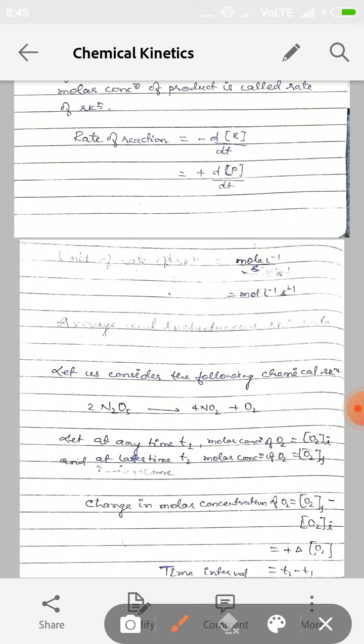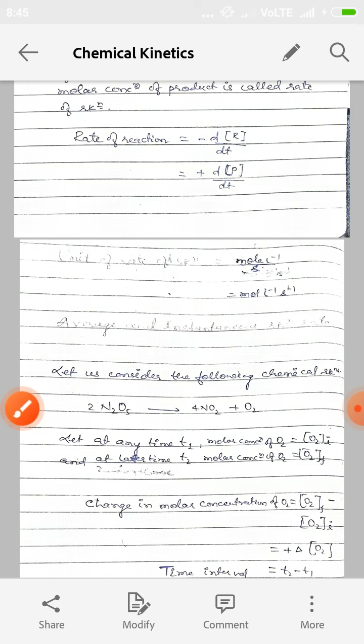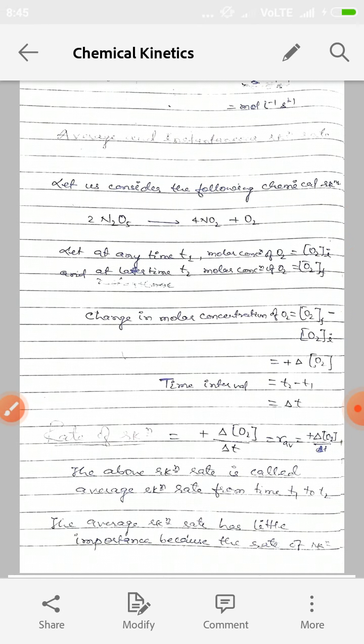Let at any time T1 the molar concentration of O2 be O2 initial, and at a later time T2 the molar concentration of O2 be O2 final. The change in molar concentration of O2 is O2 final minus O2 initial, that means plus delta O2 concentration. The time interval is T2 minus T1, delta T.